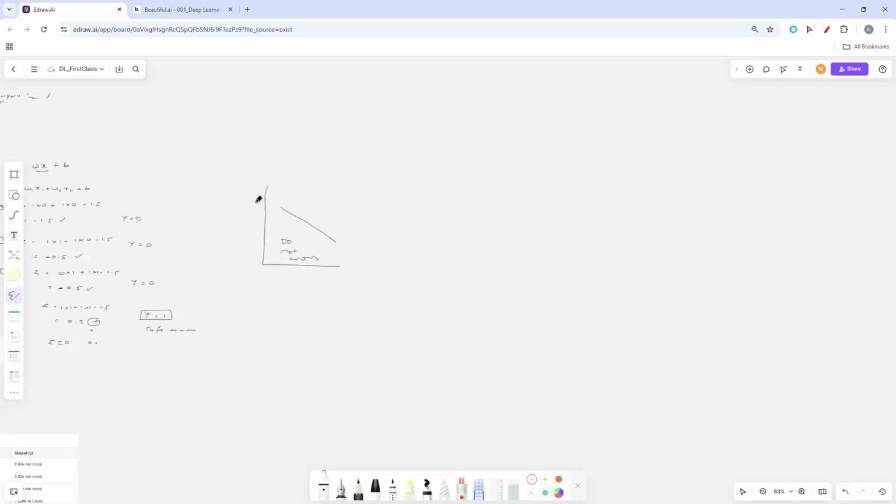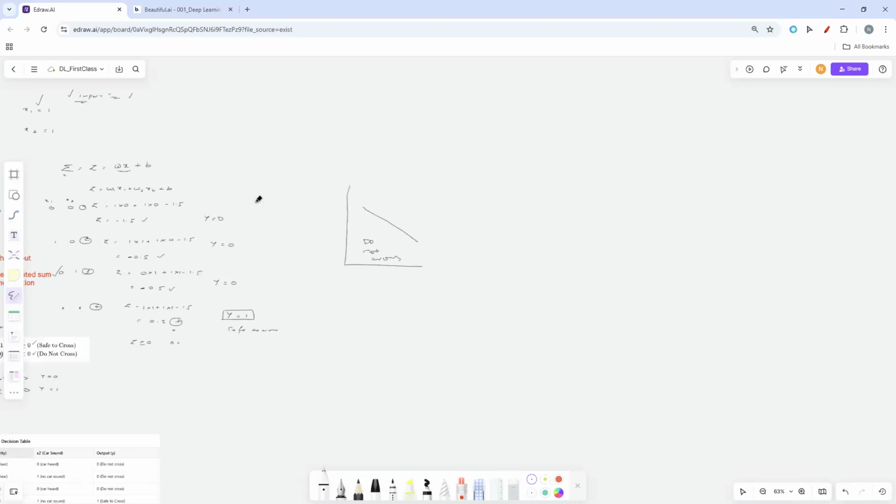So for example, let's say you have this, right, 0 and 0, which means 0 and 0 comes over here. Am I right or wrong? This is a graph, x-axis and y-axis. So this is 0 and 0, and 1 0, which means here, and 0 1, which means here, and 1 1 will be here.